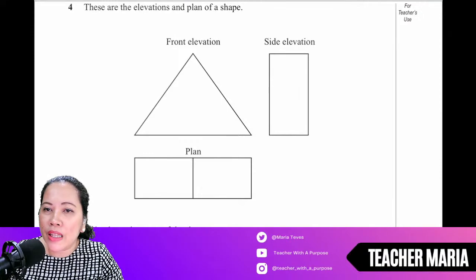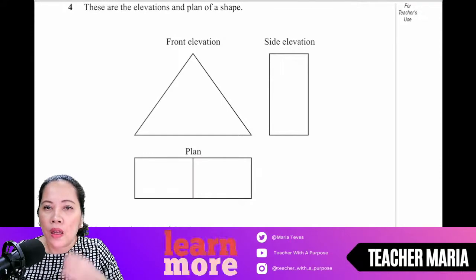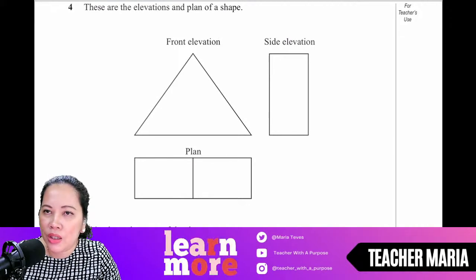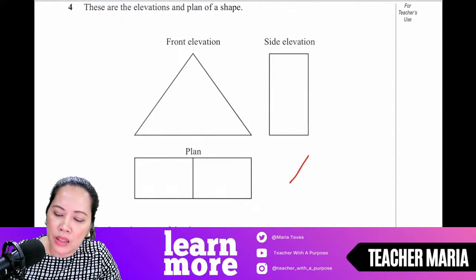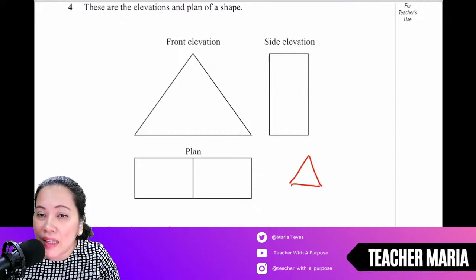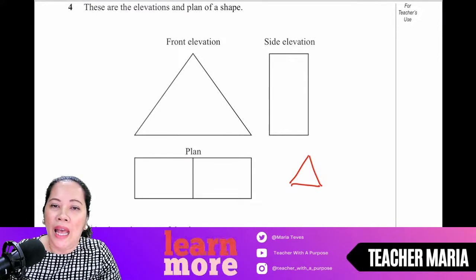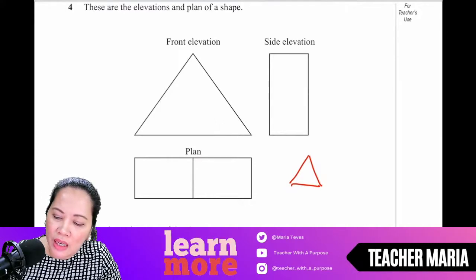So the first thing that you have to look into is that you have your front elevation. All right, this is your front elevation. So that's your front. That's the one facing you. Okay, because that's a front elevation. And then you have your side elevation.